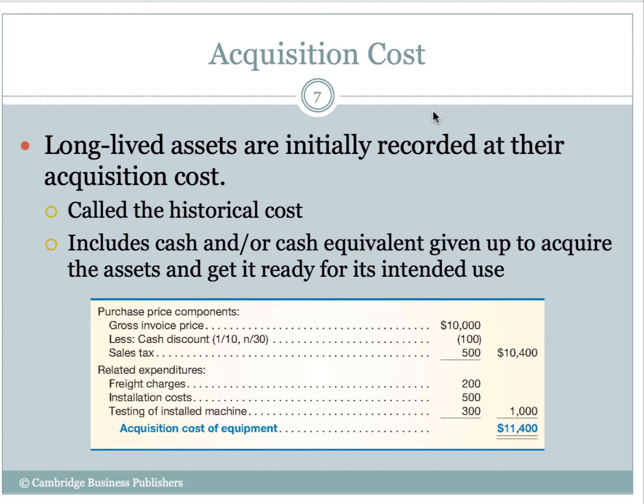But we're not done. Remember, we said, what do we initially measure the asset at? We put it on our books for the acquisition cost, plus any costs that we incur to get this asset to us and to get it ready for service. So we left the store having bought an asset that cost us $10,400, but it has to get to us, so there are freight charges included in that.